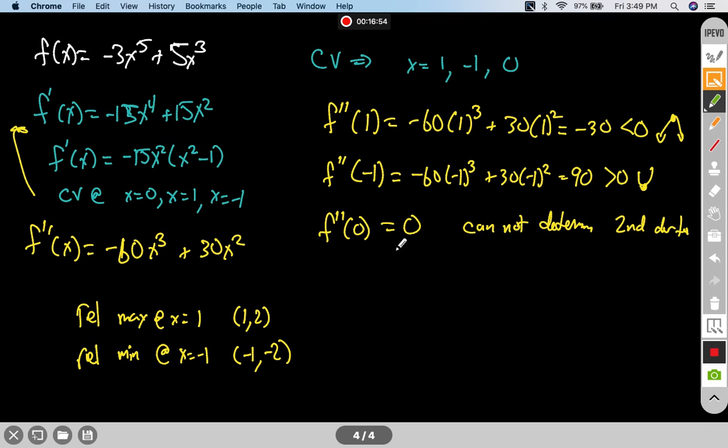Around 0, I'm looking at negative 1 to 0 and 0 to 1. And I have to look at what's going on. Is it increasing or decreasing? So now I'm going to go back to the first derivative and test a point. First derivative at negative 0.5. Well, let's just think about this so I don't have to do too much work.